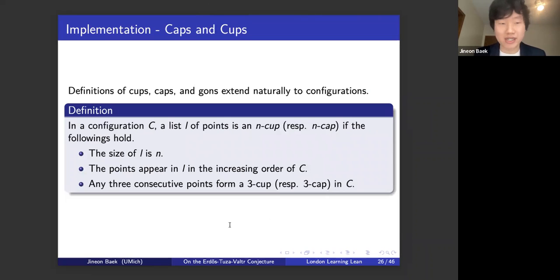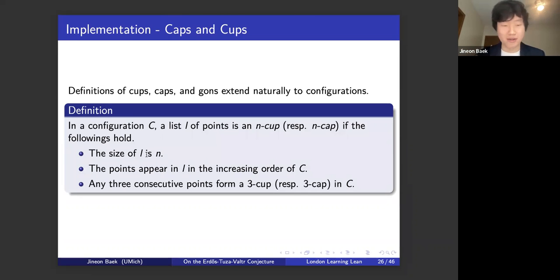Okay, so with this, the definitions of cups, caps, and gons extend naturally. So this is the definition of a cup for a general configuration. A list is an n-cup if its size is n, and the points in L appear in the increasing order of the configuration.